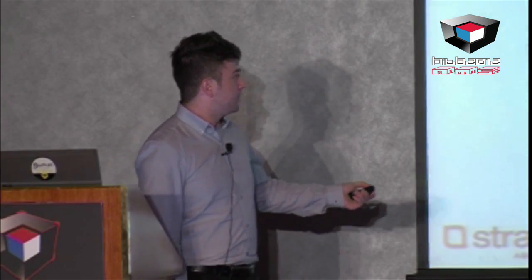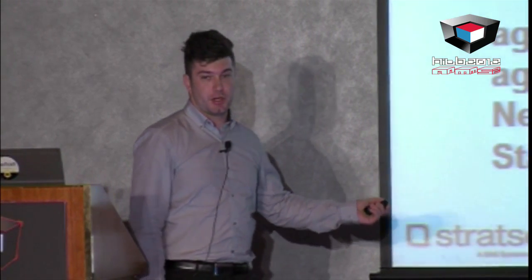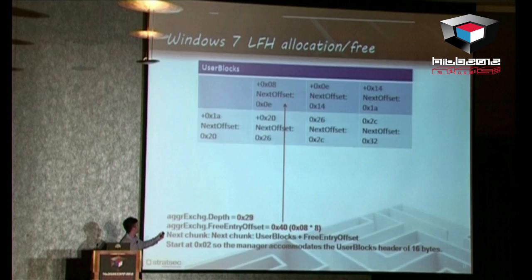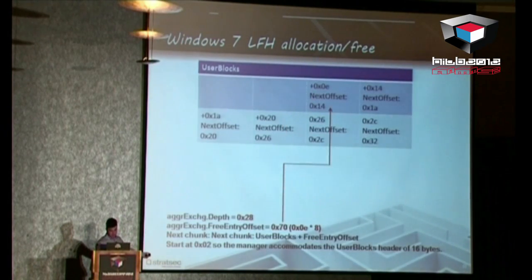And then there's a depth set in the aggregated exchange, as we saw before. So upon an allocation, the free entry offset is updated here, as we can see, and the next offset that was here is now written here, times 8 gives you that, and that points to the next chunk. So essentially it just works by updating it like that.